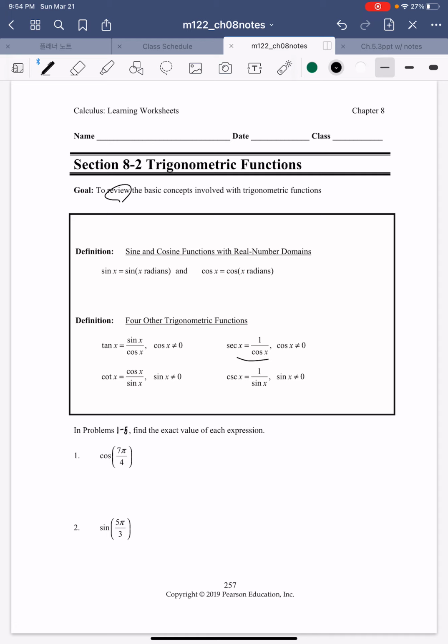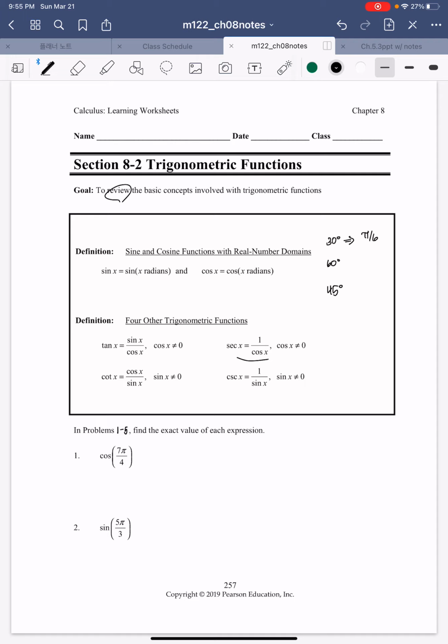Cosine of 7 pi over 4. Let's recall the common angles: we have the 30, 60, and the 45 triangle given from the last part. 30 degrees is equivalent, in radian mode, to pi over 6.